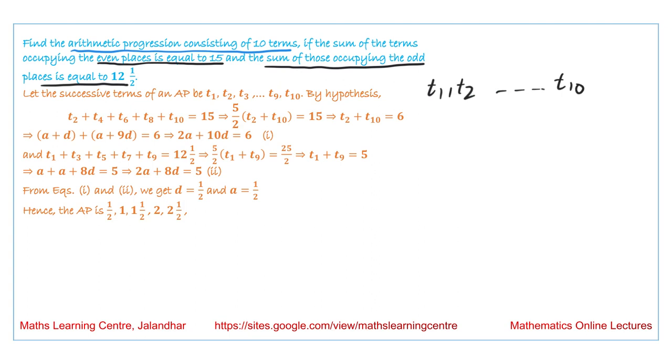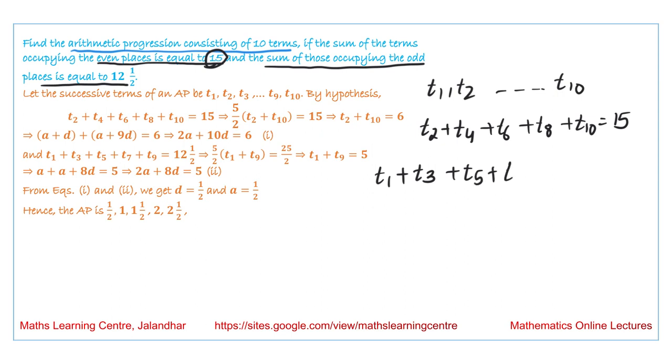Those occupying even places, the sum is 15: T2 plus T4 plus T6 plus T8 plus T10 is equal to 15. And T1 plus T3 plus T5 plus T7 plus T9 is equal to 12 whole 1 by 2.